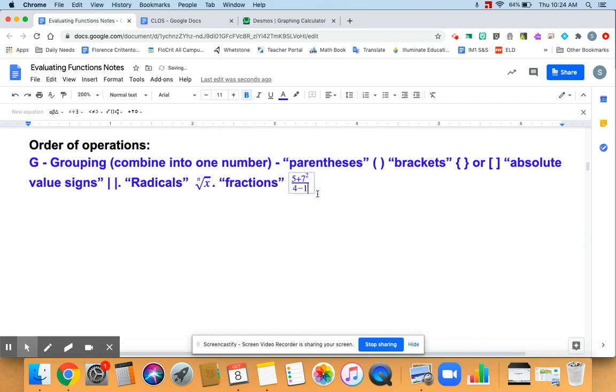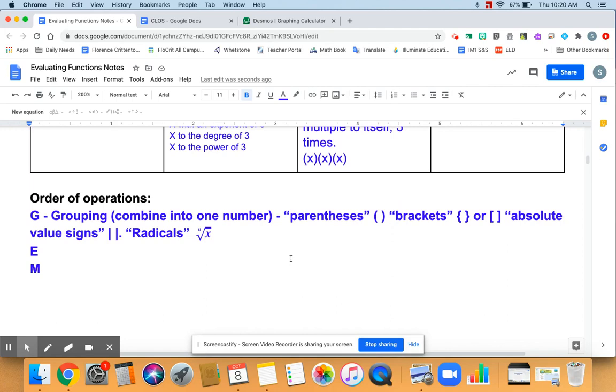So it's like there's secret parentheses on top and bottom that tell you to group the whole denominator together and the whole numerator together first. So anytime you see a fraction, you must group each part first in order of operations. Grouping is always the first thing you do. You have to combine things into one number if you're told to.